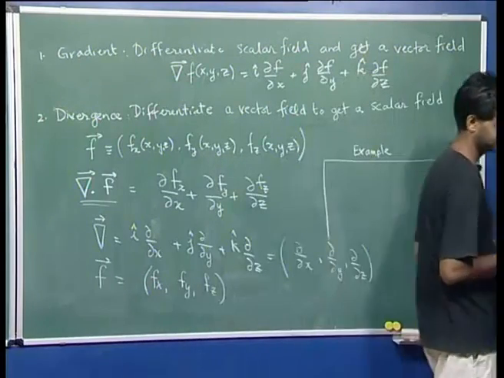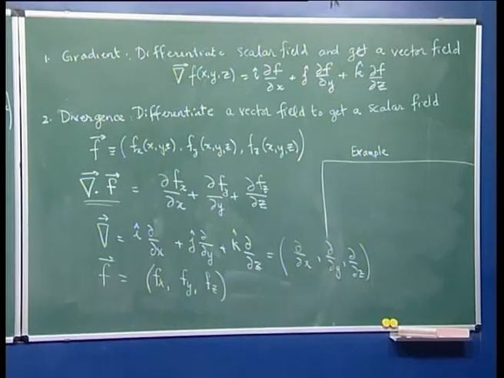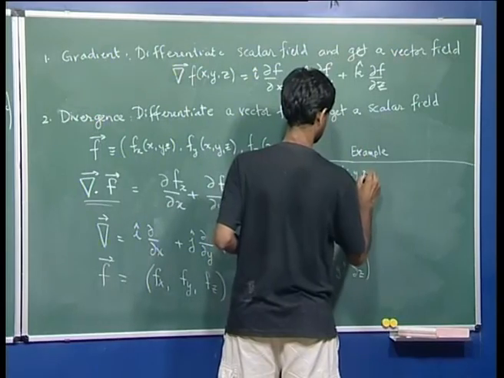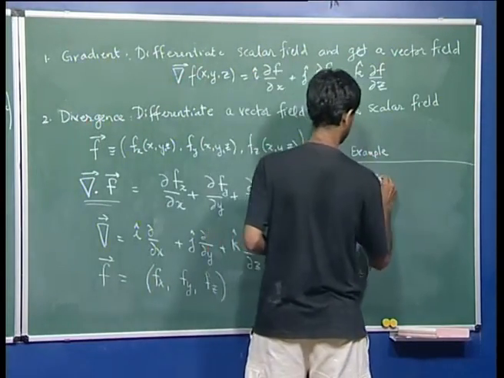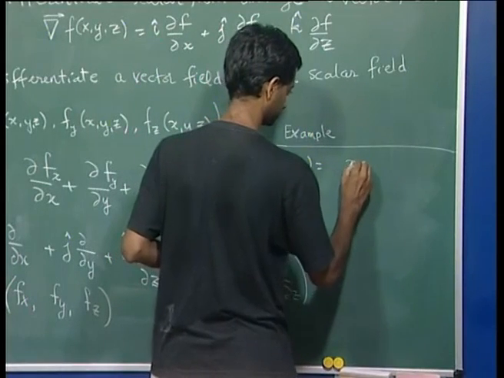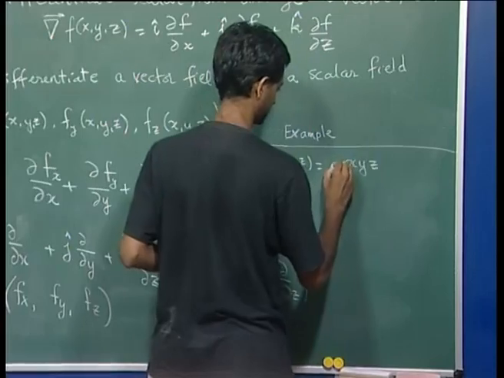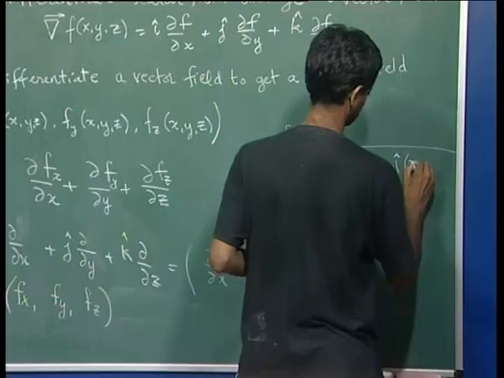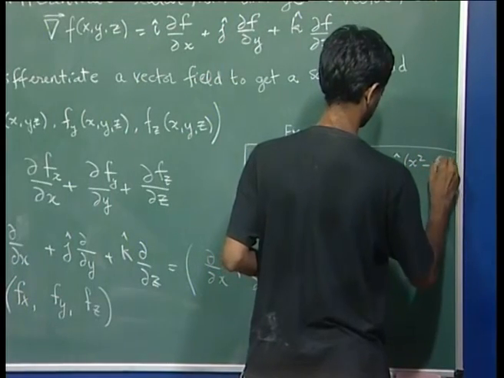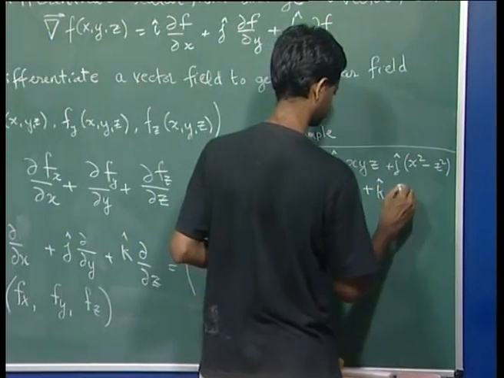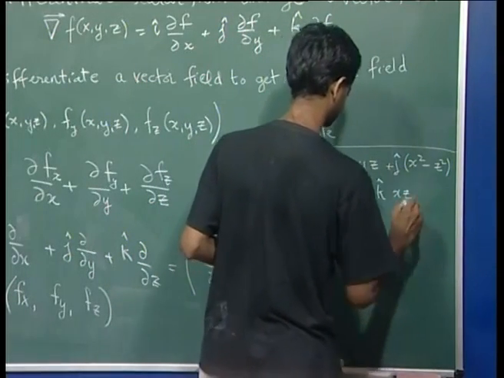Suppose you have A of x, y, z. This has three components. The first component is x y z, x into y into z. The second component is x square minus z square, and the third component is x z.